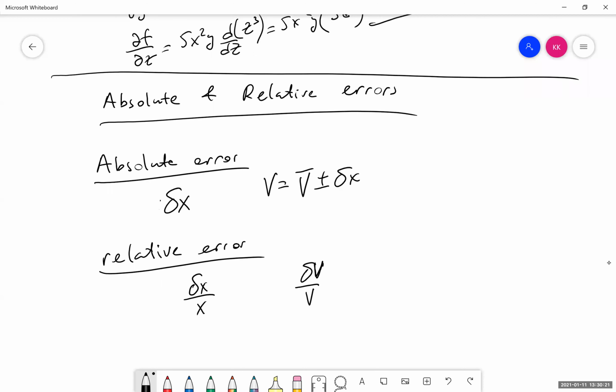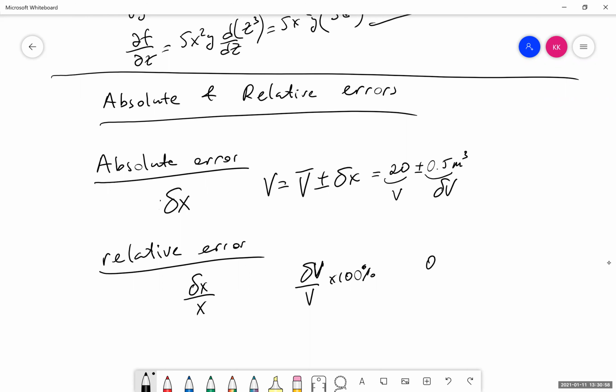A lot of times this can be multiplied by 100% to get a percentage. For example, you have a volume of, let's say, 20 plus minus 0.5 cubic meters. Then 20 is your average volume, and 0.5 is your absolute error in volume, delta V.